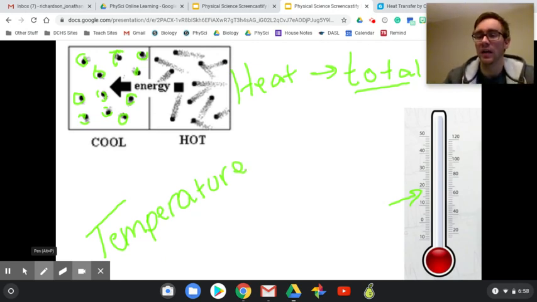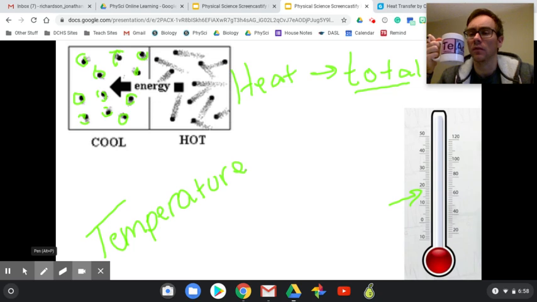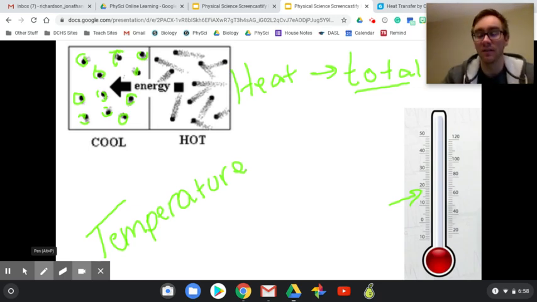It'd be hard to tell you how hot your coffee is by saying its heat is 1,000 joules, because you're adding up how many molecules there are. If I pour more coffee in there, there's more heat energy all of a sudden.